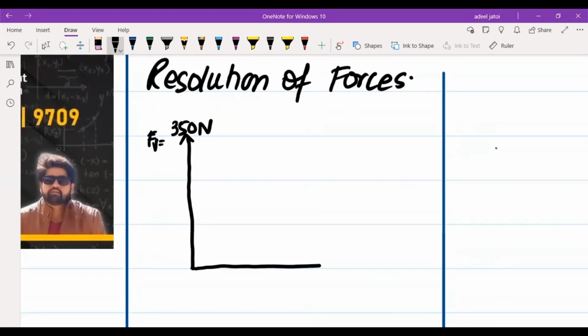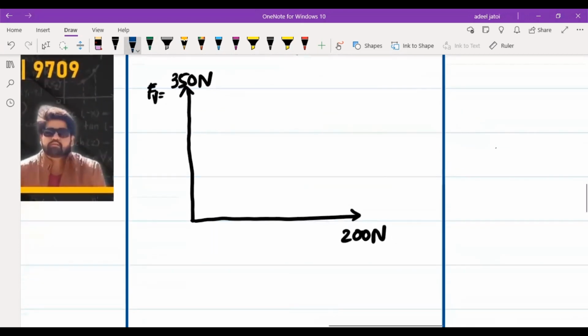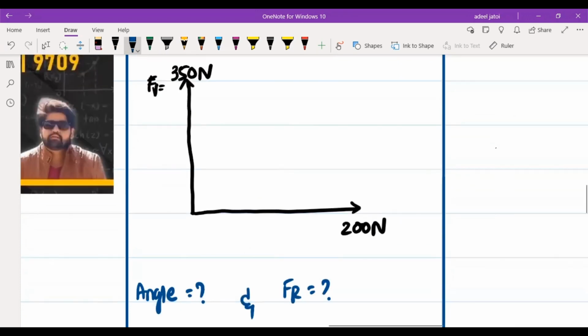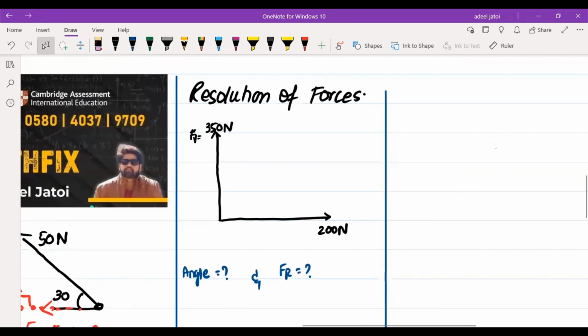And there's a force that is acting horizontally, which is 200 Newton, right? So there will be a question asked to find out the angle and the force resultant, right? So there are two questions that can be asked here. One is the angle, the other one is the force resultant.